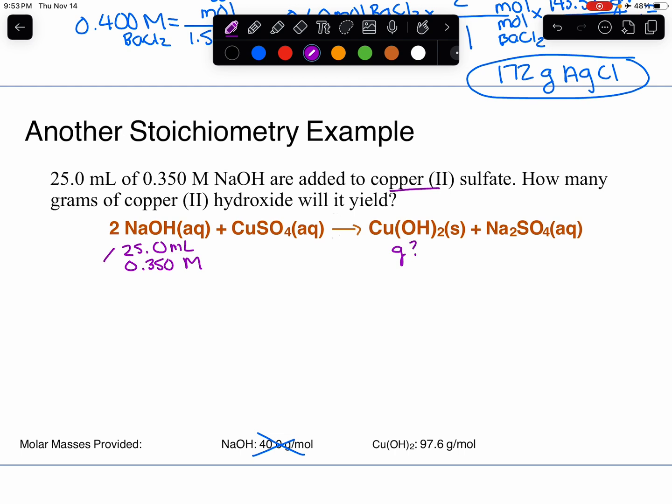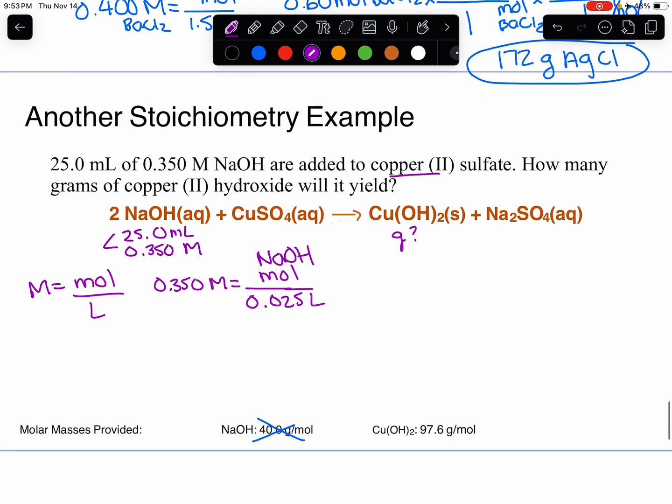Same issue here. I'm going to solve for moles, starting with my equation. So that is 0.350 molarity, 0.025 liters. I just converted that to liters. Please don't forget that. And this is of the NaOH.